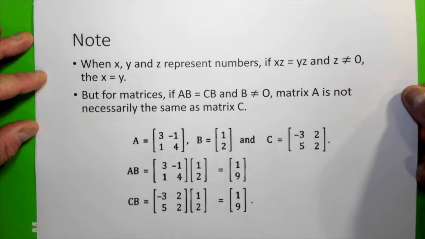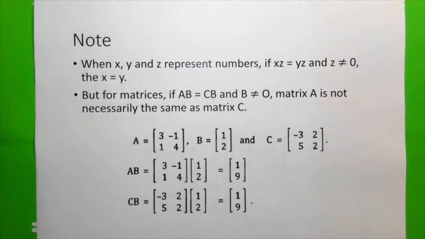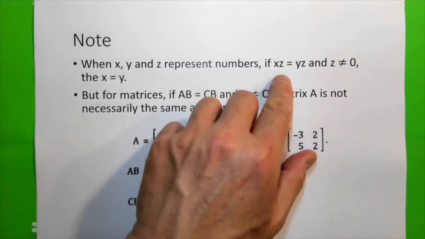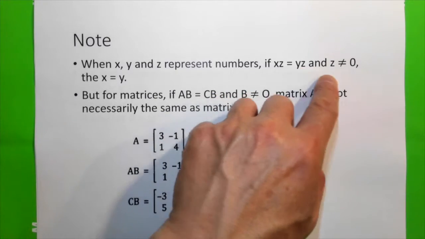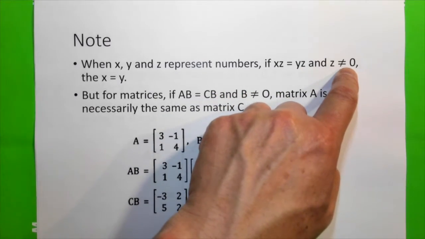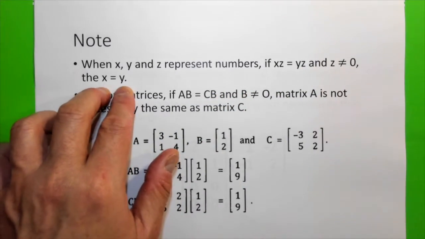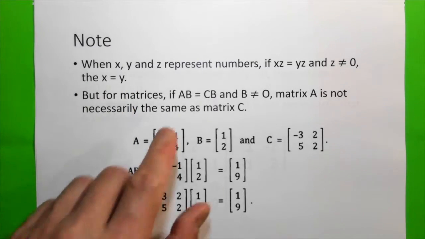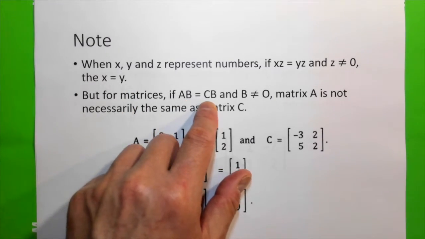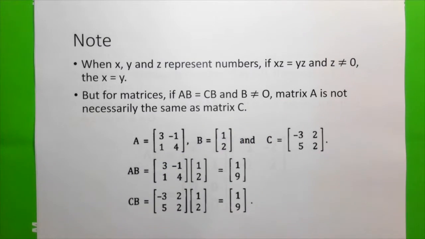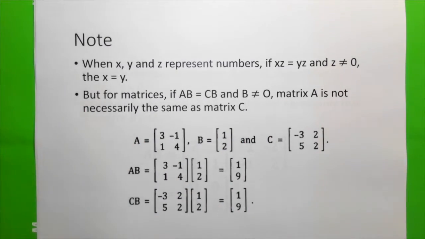Now, another one to note. If x, y, and z represent numbers, if xz equals yz, and z is not 0, we know that x equals y. But for matrices, if AB equals CB, and B is not 0, matrix A is not necessarily the same as matrix C. Look at this example.